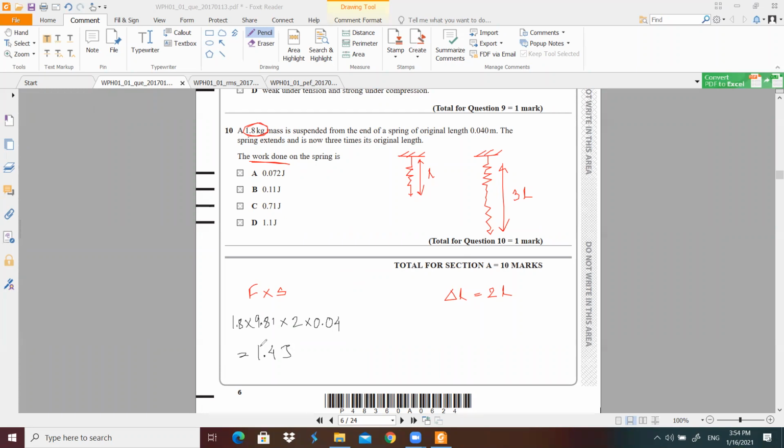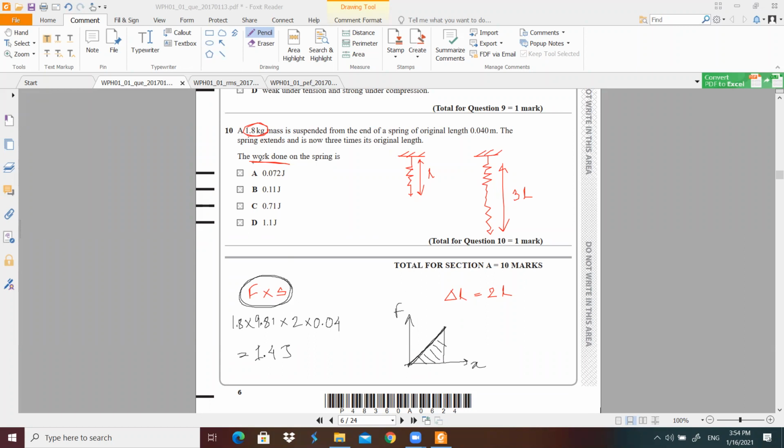But wait a second. You are dealing with a spring here. When it comes to a spring, let's just recall the graph for a spring. It's F against x, and the shape of the graph is a straight line through the origin. And we all know the area under the force-extension graph gives the work done. This is actually again one of the most common mistakes students make.